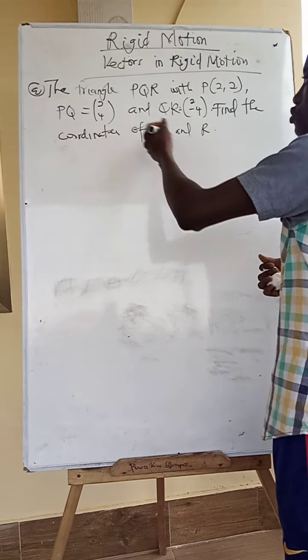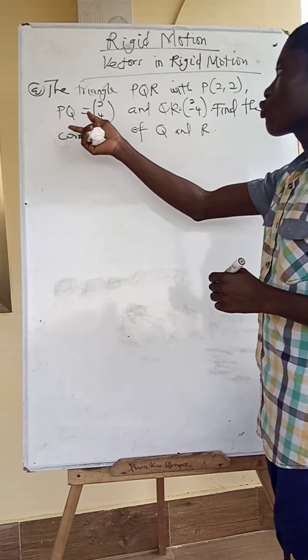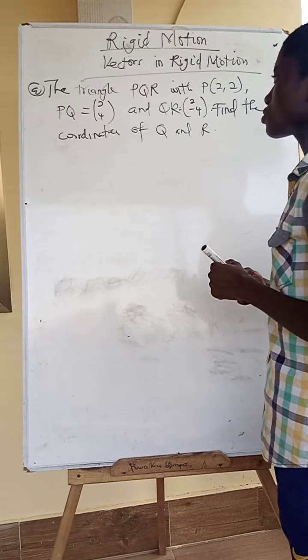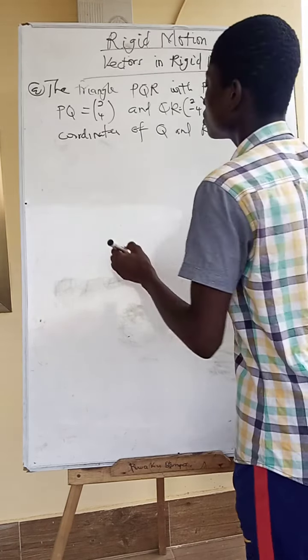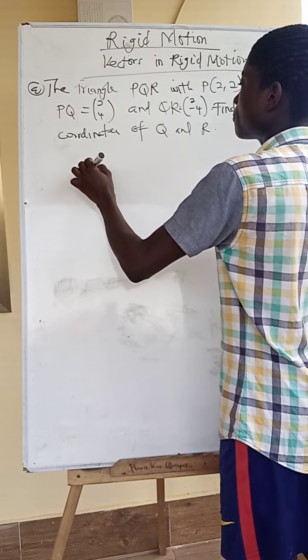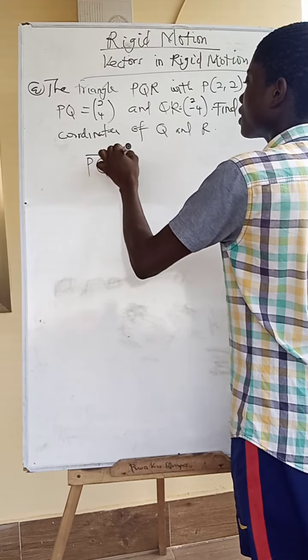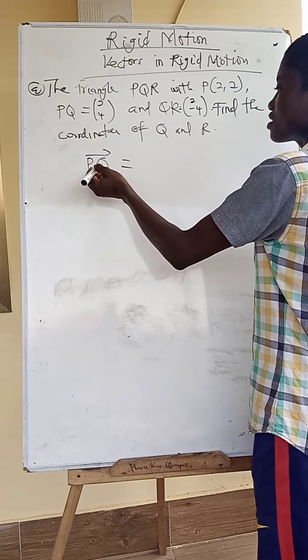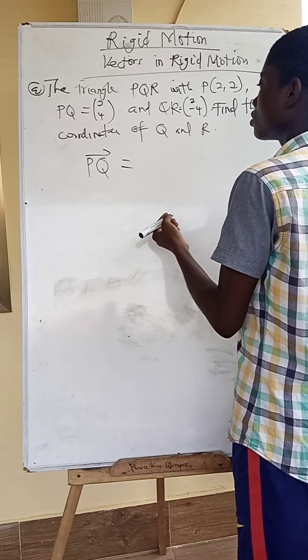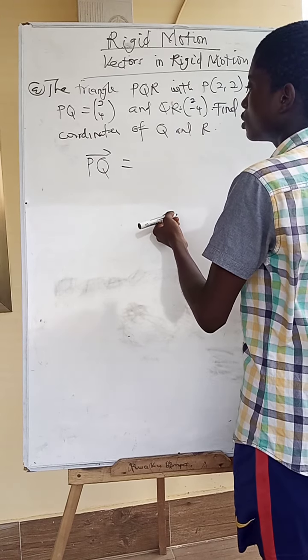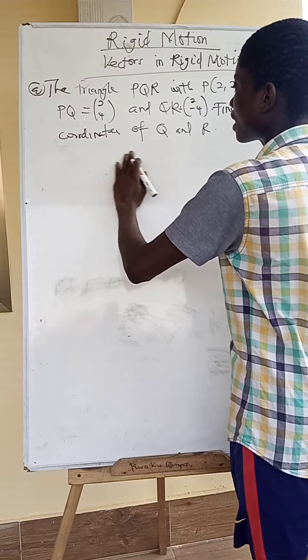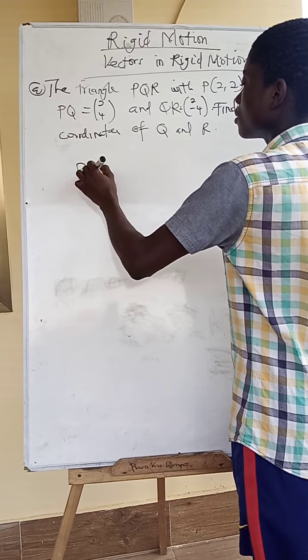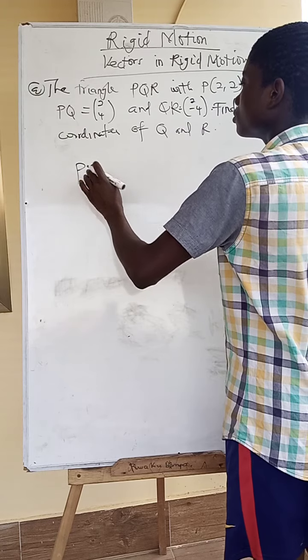I just want you to understand how we translate this vector into its component form. When I give you this vector PQ, this is how we translate it. We are saying it is from the origin.